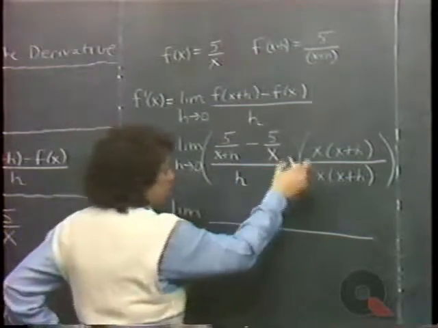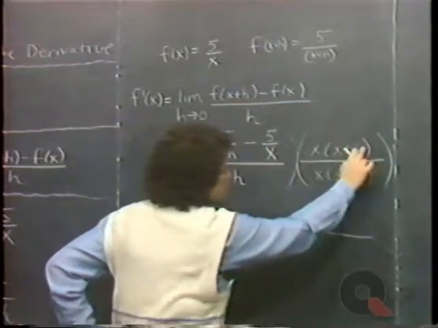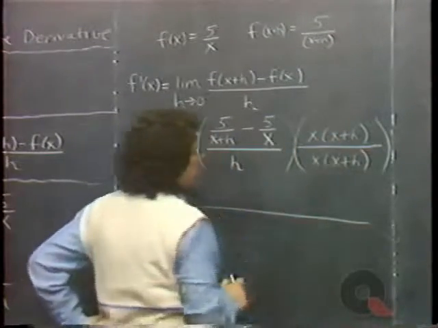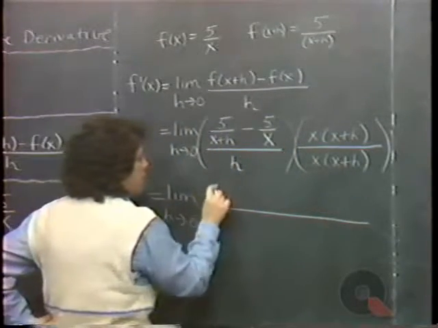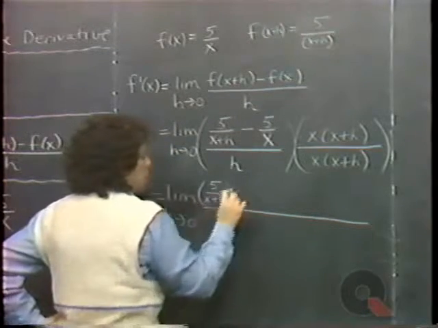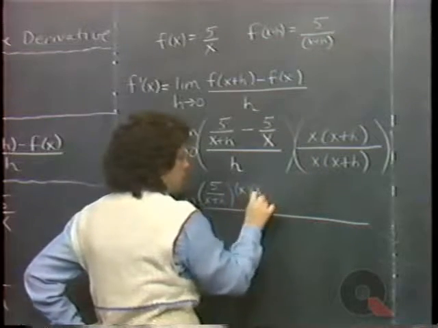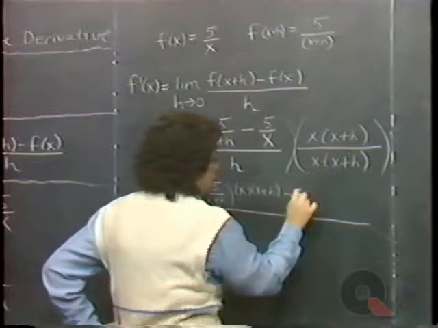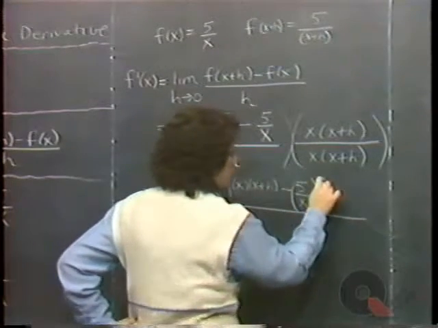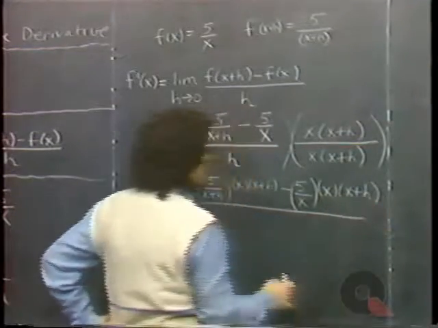Once again, the distributive law holds: a minus b times c is a times c minus b times c. Let's see what happens. We have 5 over x plus h times x plus h, minus 5 over x times x plus h.